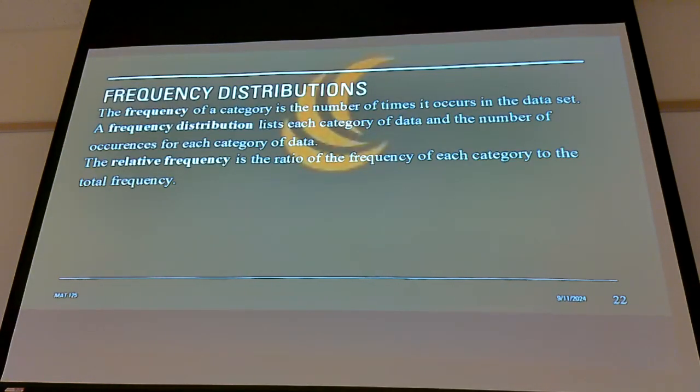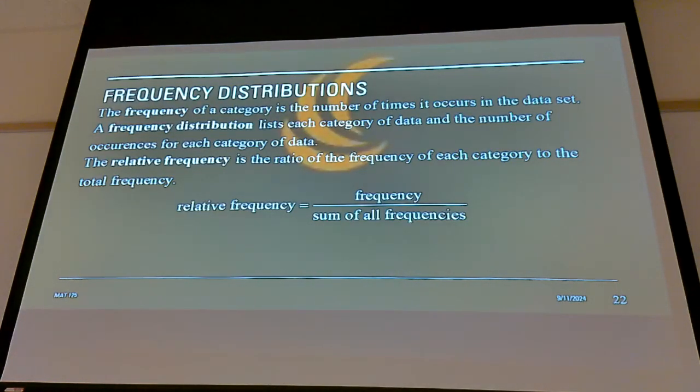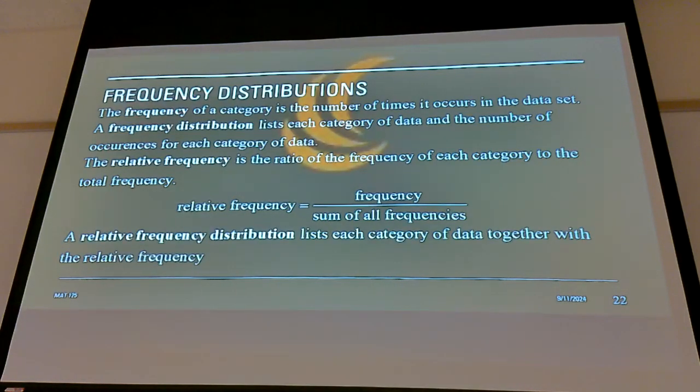This allows us to create what's called a relative frequency distribution, which is the same thing, except instead of the frequency, you give its relative frequency, which, simplistically speaking, is just the percent that that specific category occurs.